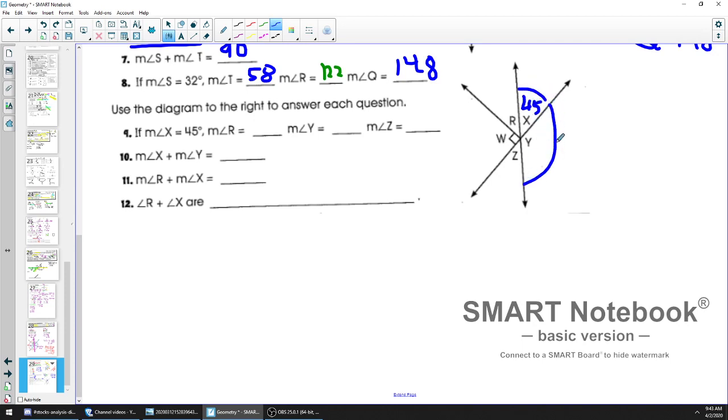So 45 plus y equals 180. Do the subtraction and you'll get y equals 135. I'm going to keep going in a circle. Can I use y with anything to create a complementary or supplementary angle? Yeah, I can use z. If I keep going, I make another straight line. And if I do the math here, I would figure out this is also 45.